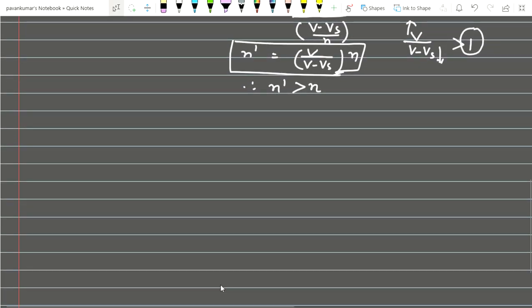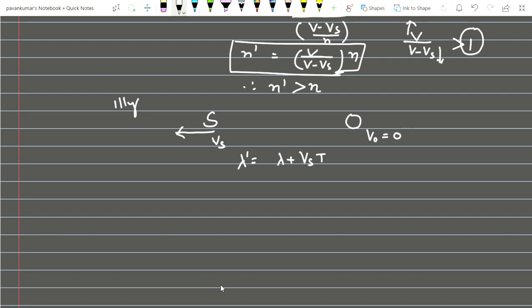Similarly, consider the source moving away from the observer. The observer is at rest, so its velocity is 0. The source is moving with velocity Vs. Then we can derive the expression for the apparent frequency by assuming that lambda dash is equal to lambda plus Vs into t.